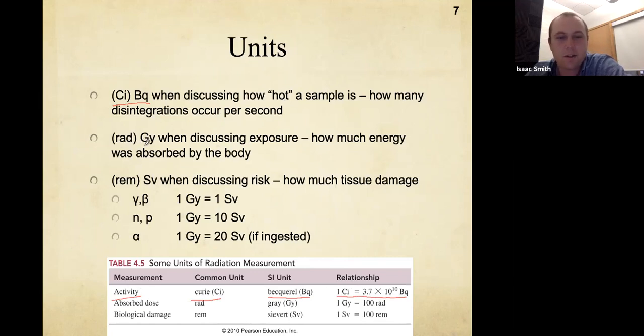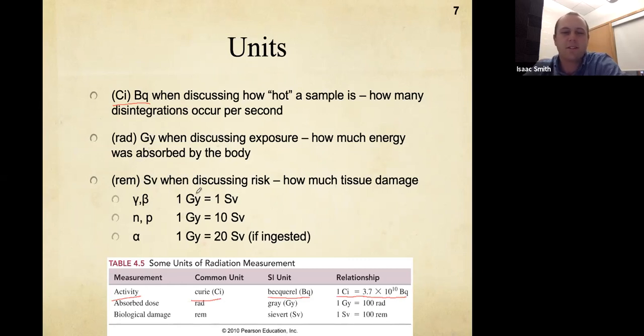A rad or gray, okay, are used when you're discussing exposure. So if your body is exposed to something, how much of the energy was absorbed by your body, okay? And then rems and sieverts are discussing risk.